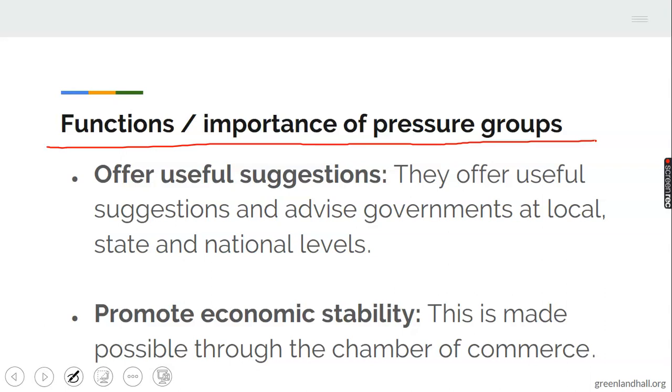If they sense anything that is wrong with the government policy, they can offer suggestions, useful ones, and also advise the government about it, just to check or to look into that policy, in order for the balance, so that if it is not going to be good for the people of the country, they can make a U-turn. Another one is that they promote economic stability, and this is possible through the Chamber of Commerce.